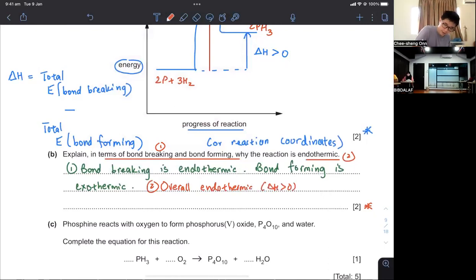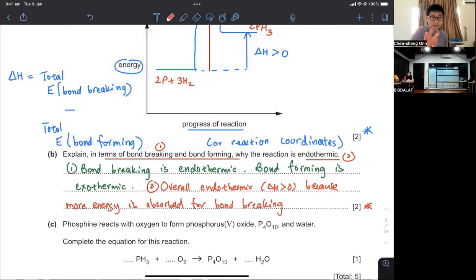So overall, endothermic, why is it overall positive? Overall is positive because I have bigger minus smaller. So I have more energy for bond breaking because more energy is absorbed for bond breaking. You see, there are many ways of answering this question. You do not have to use my own words.